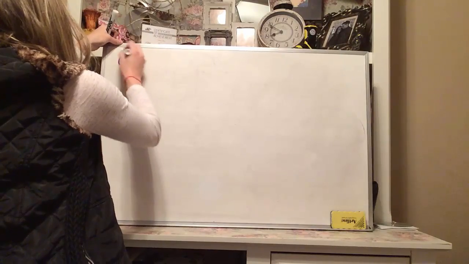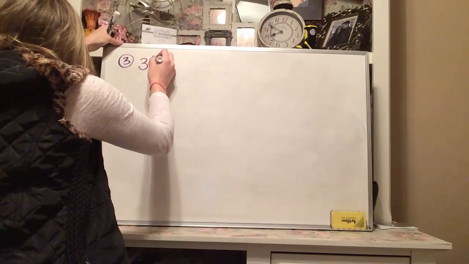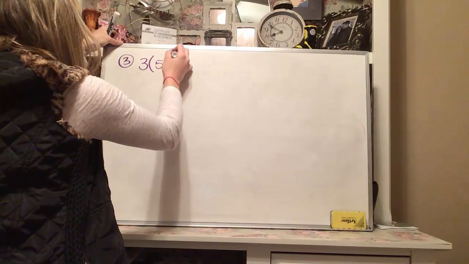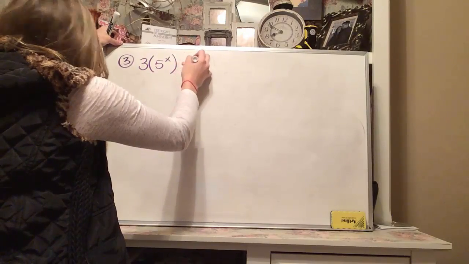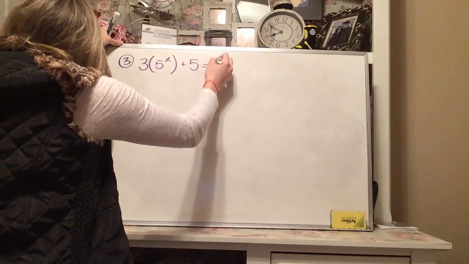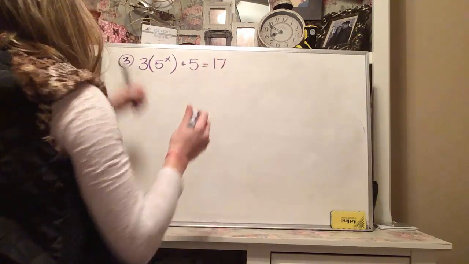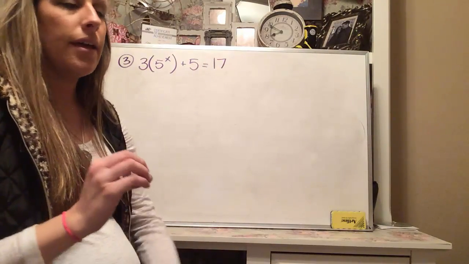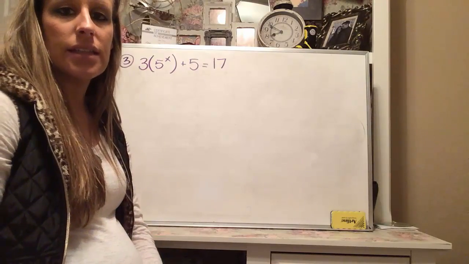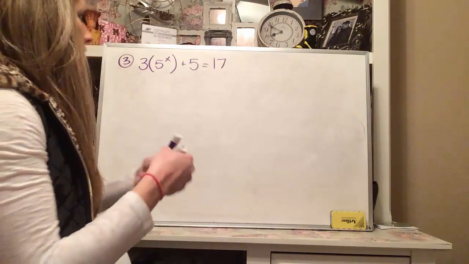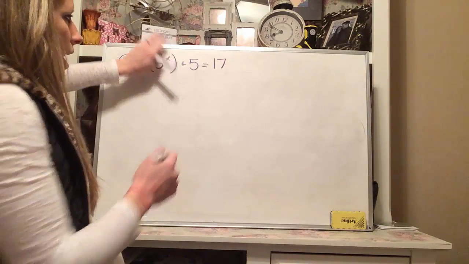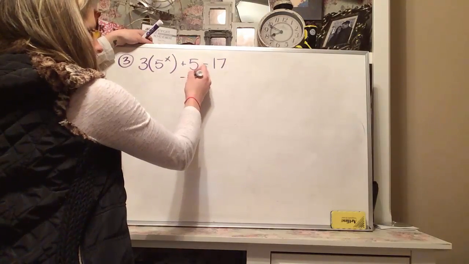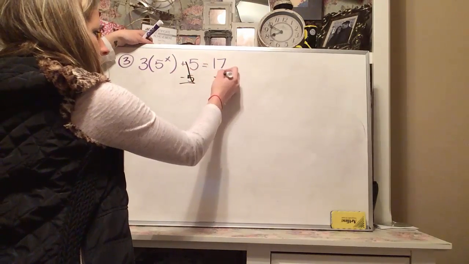Alright, we have 3 parentheses 5 to the x power plus 5 equals 17. Okay, what I need to do first is get that term that has the x and the exponent by itself. So save it for last. I'm going to subtract 5 from both sides.